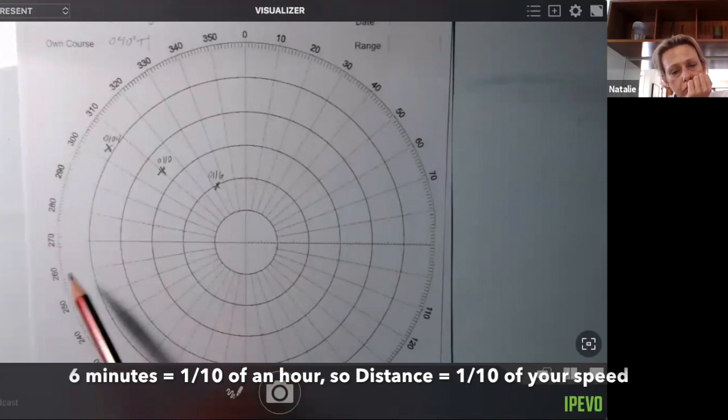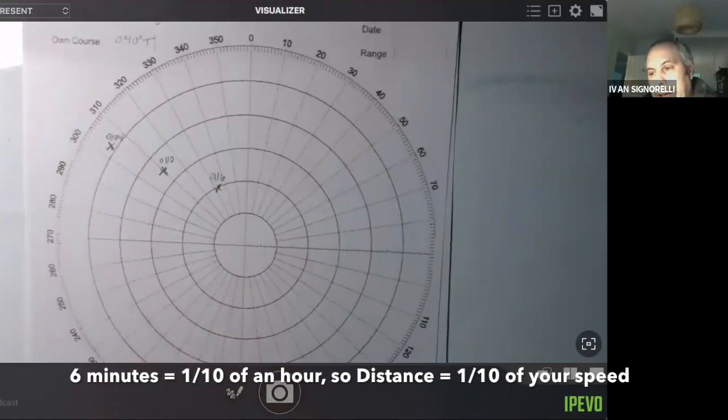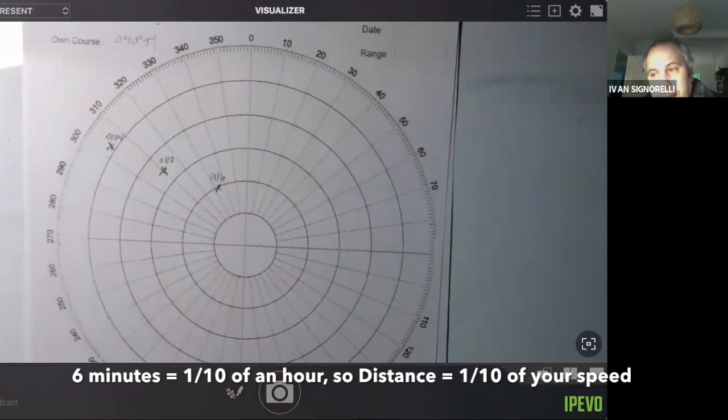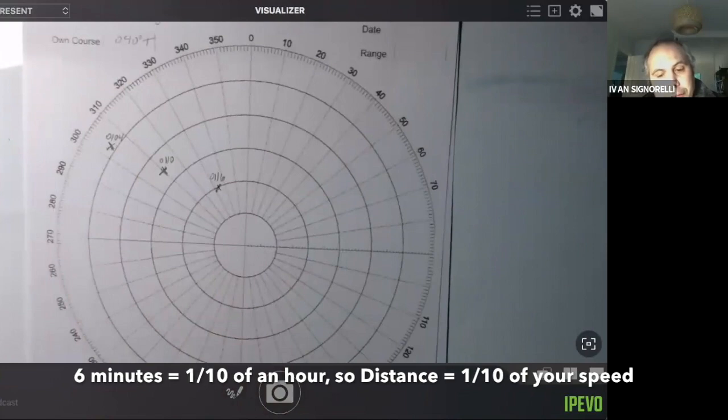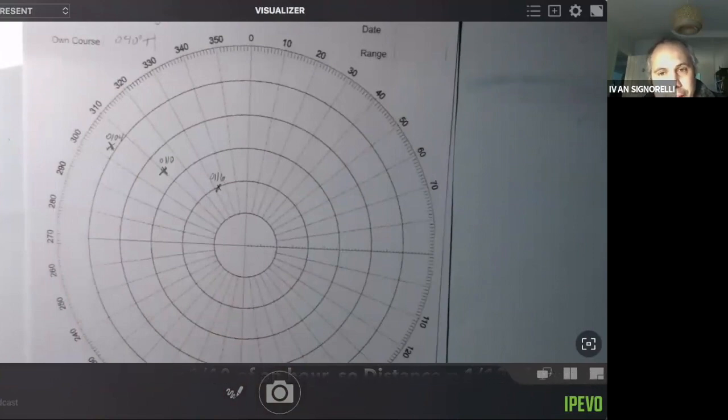The reason why you use 6 minutes or maybe 12 minutes is for convenience. 6 minutes is really convenient because it's 1/10 of an hour, which is going to make our life a lot easier when we go to calculate speed. So even if you're going to do this for real, if you're going to track a target, try to track the target every 6 minutes. It's just going to make your life easier later on.